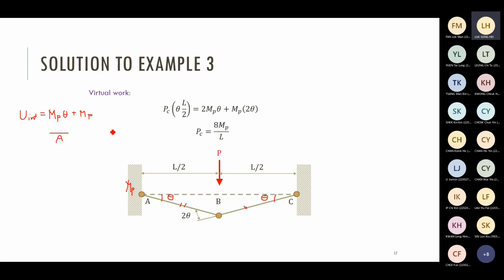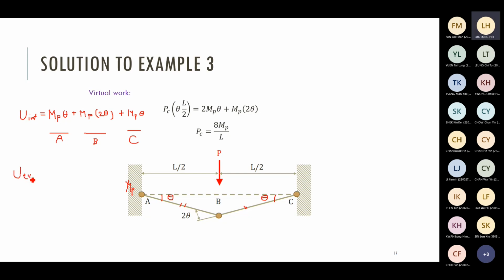The plastic work at point B is equal to MP times 2 theta, because the rotation of the plastic hinge at the middle is bigger, plus the plastic work at point C. The plastic work at point C is identical to the plastic work at point A. A and C are identical. So when you read the solution, I directly combine the effect of A and C together. So the total internal work is 4 MP theta.